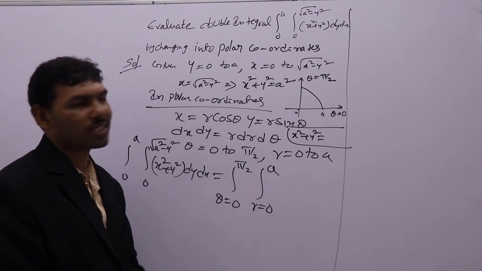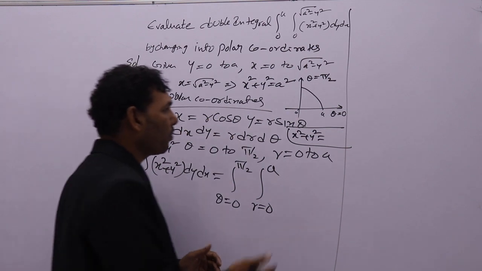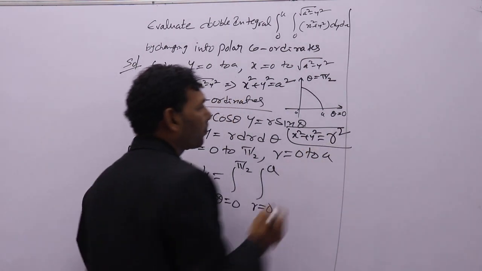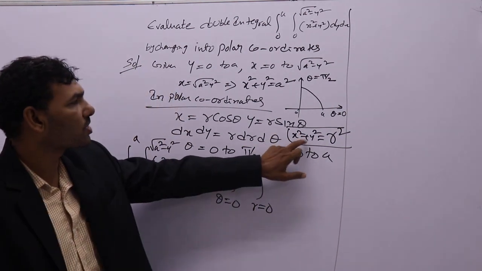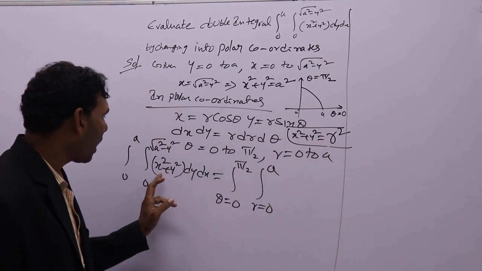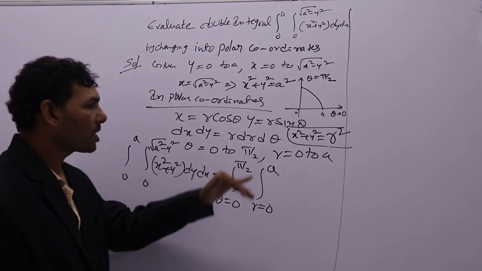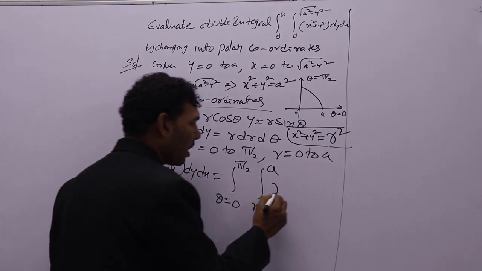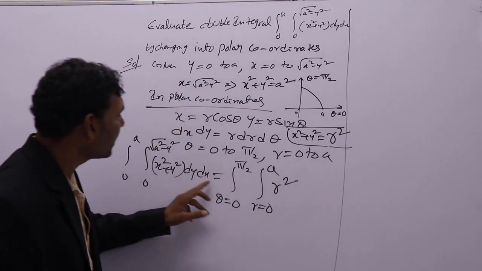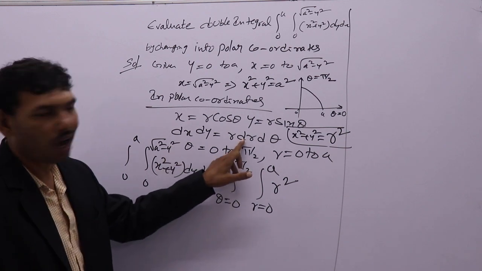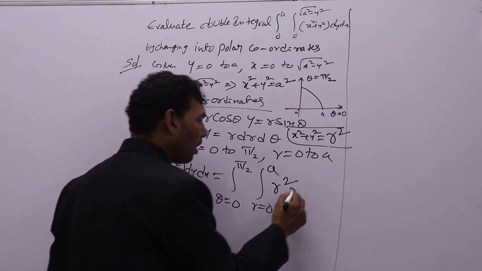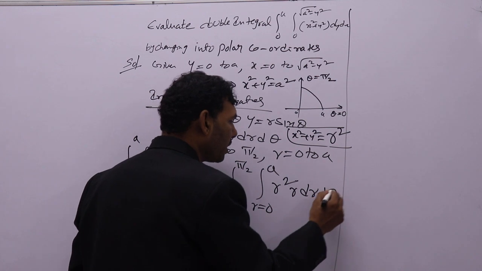Cos square theta plus sin square theta is 1, so you will get r square. So x square plus y square is replaced by r square, and dx dy is r dr d theta.